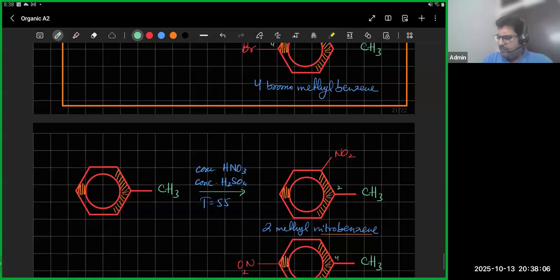Let me confirm the bromine one as well, bromo and methyl. Just one second, let me double check. You put it here as a substituent.